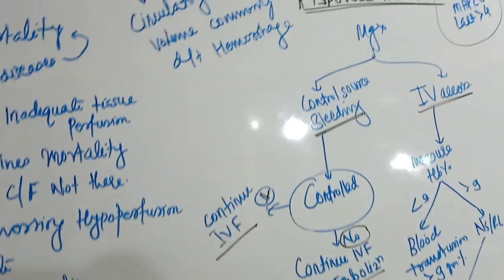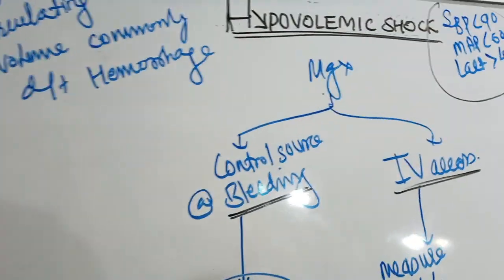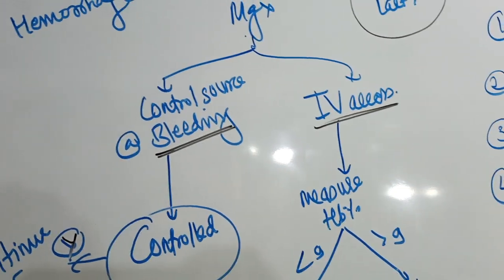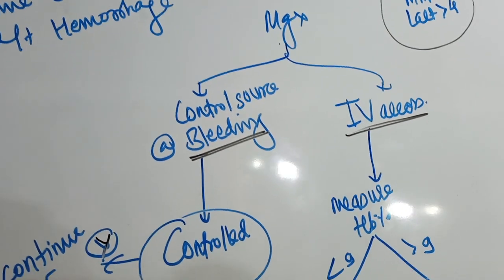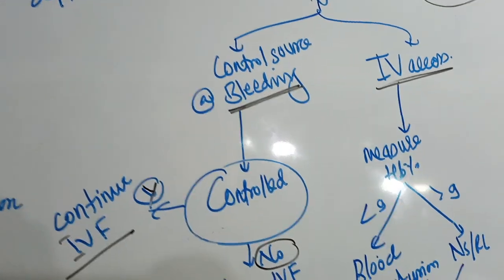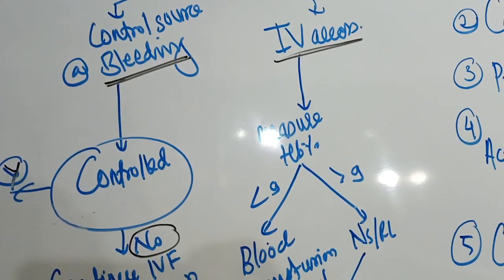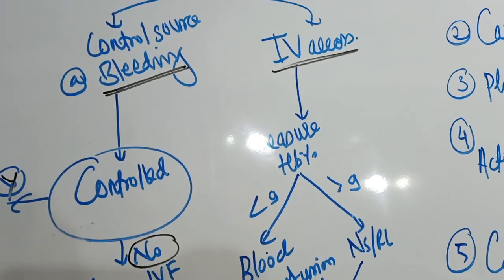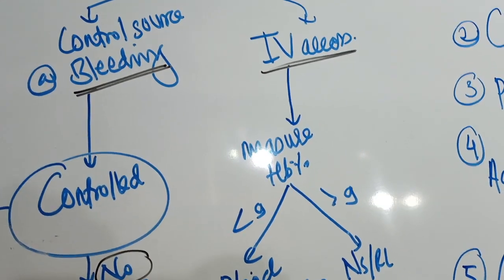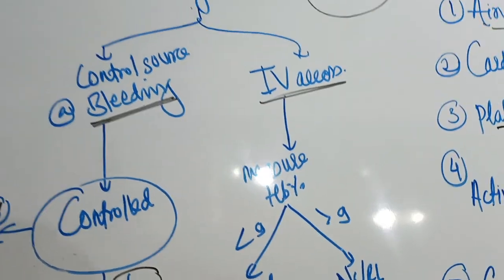So how will you manage this hypovolemia? During management, immediately we must try to control the source of bleeding. Wherever the source of bleeding is, it can be controlled by pressure, ligation, and other methods. Simultaneously, we shall take IV access, with two IV cannulas, 16 or 18 gauge, as early as possible.